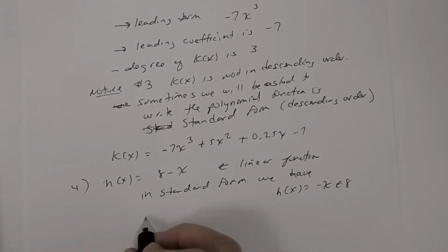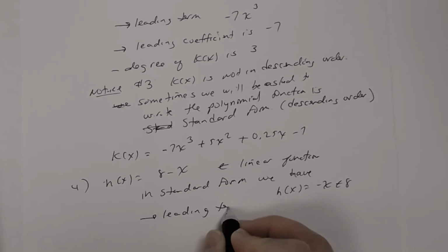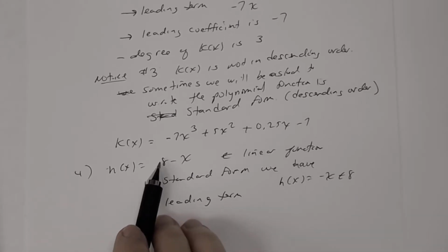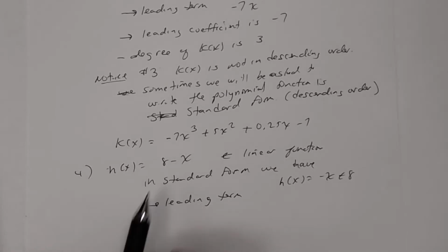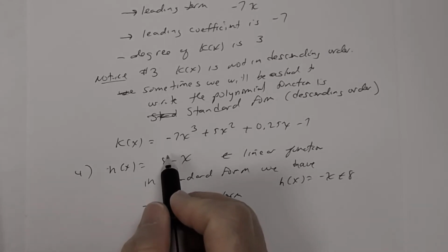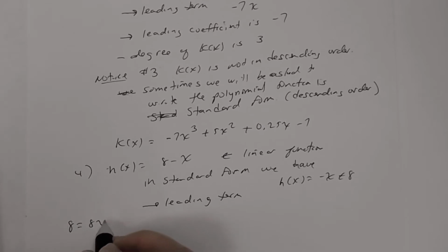What is the leading term? Now be careful. Don't say the leading term is 8, right? Because your constant has exponent 0. Now when I say exponent 0, be careful. I don't mean 8 to the 0 power. What I mean is this: 8 means 8 times x to the 0.